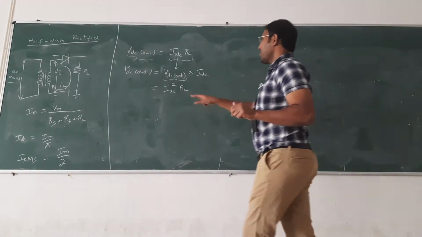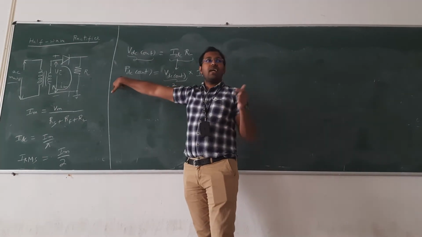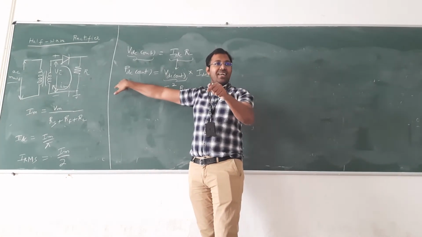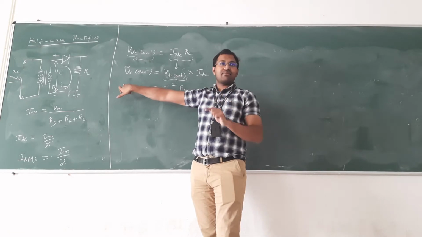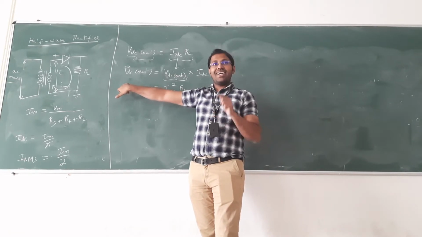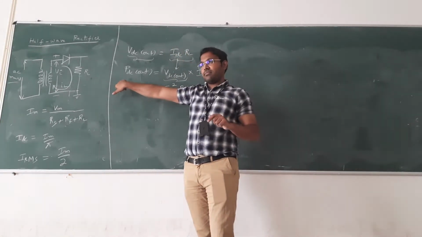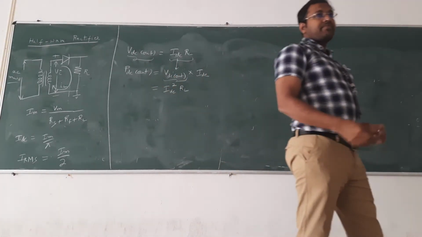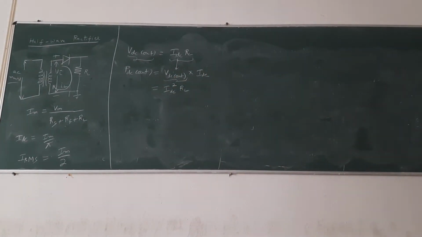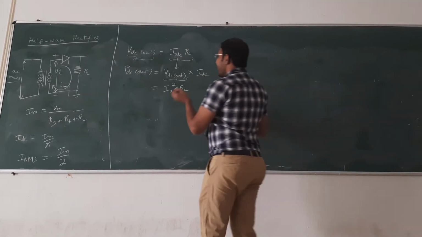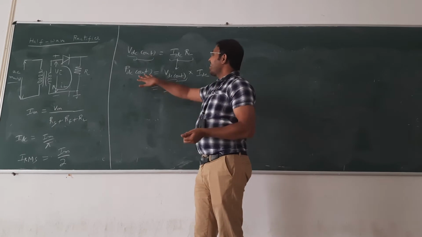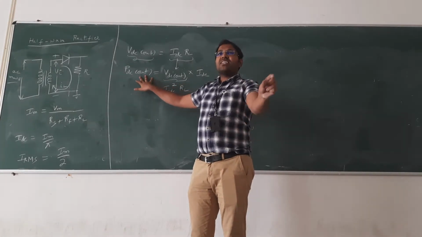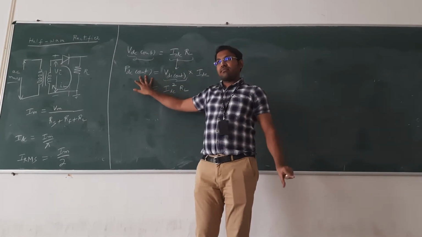That is what we are finding. At the output of the rectifier, what is the useful power? DC power. So we are finding PDC out. That is the reason we are finding PDC out. Clear? Then, power is always voltage into current.